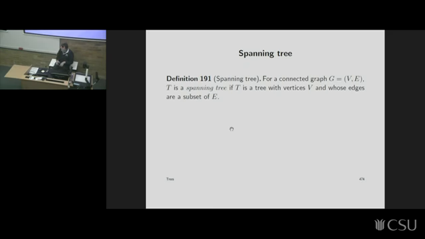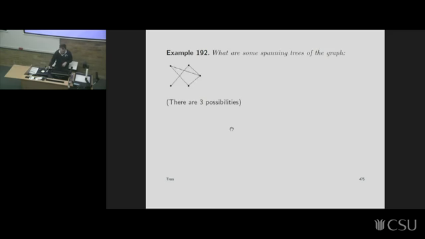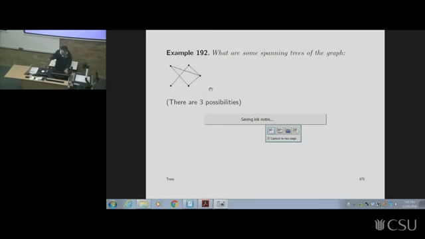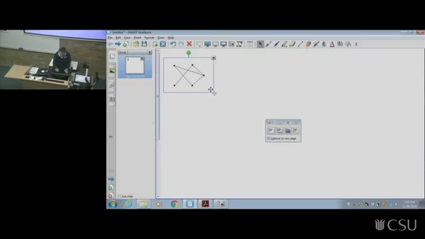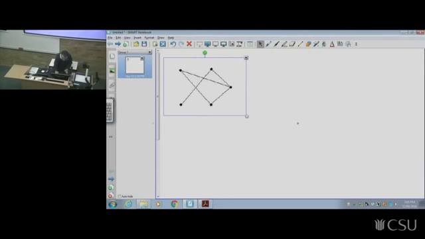So let's look at an example. So this is a graph, and I want to find a spanning tree for this. It's not a tree at the moment. Why is it not a tree? Because it's got a cycle in it.